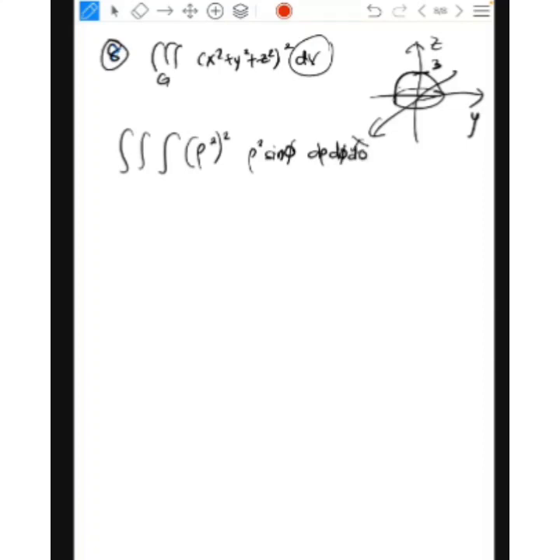Okay, so theta is here, the 2D region is a full circle. So theta is from 0 until 2 pi. The phi is from 0 until pi over 2 because it is half of the sphere, phi equals pi over 2 at this point. And then rho is from 0 until 3.